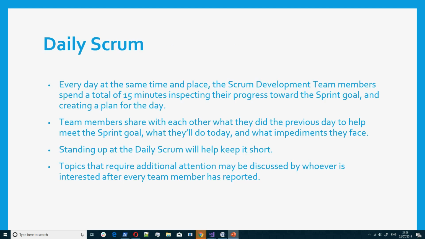So the next meeting that you would have is the daily stand-up. In the daily stand-up, you would meet every day at the same place at the same time. So it's very, very important to be consistent. In most places it is very likely that the meeting will not last more than 15 minutes, depending on the size of the team.